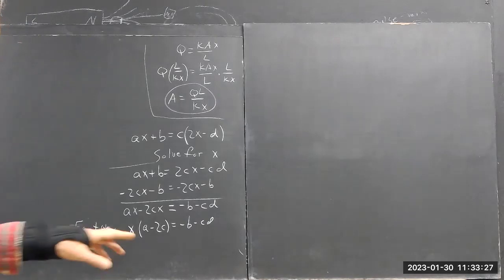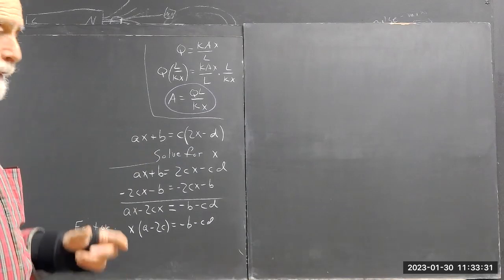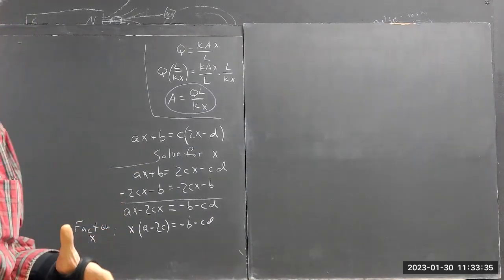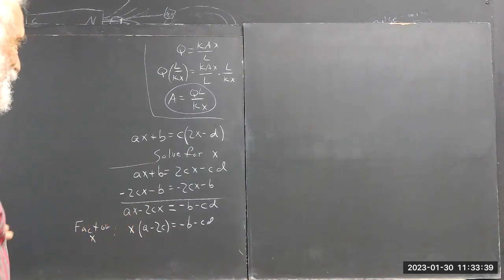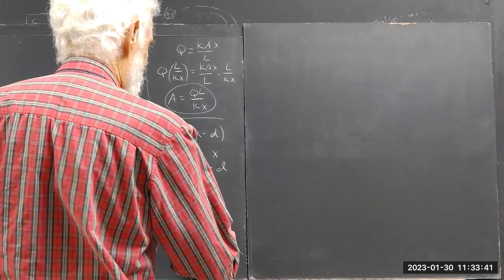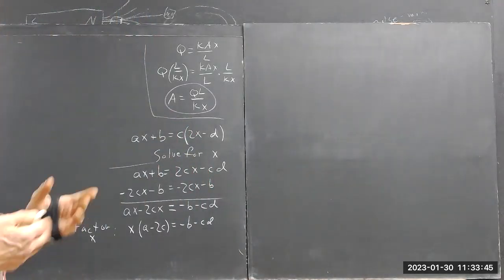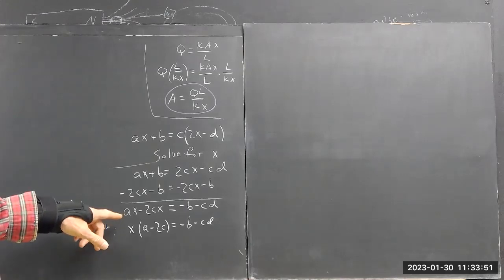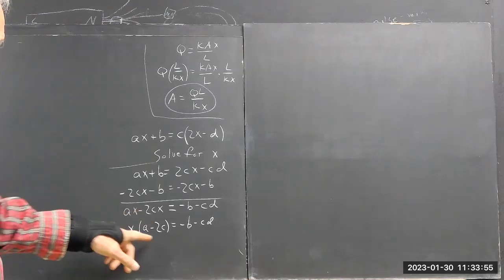Okay, so we have people trying to figure out what to divide by here, and to their credit, they weren't getting anywhere with that because they knew it wasn't going to work. That happens in algebra a whole lot. You could actually divide by A minus 2C, but you're not going to see that until you factor.